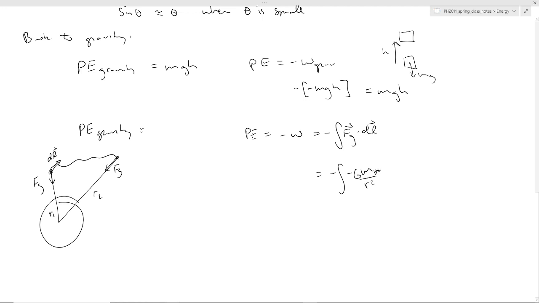And the only thing that's going to matter is in the direction r. So this r dot dl is just going to become an integral over dr. In other words, the dot product is just picking out the change in height.